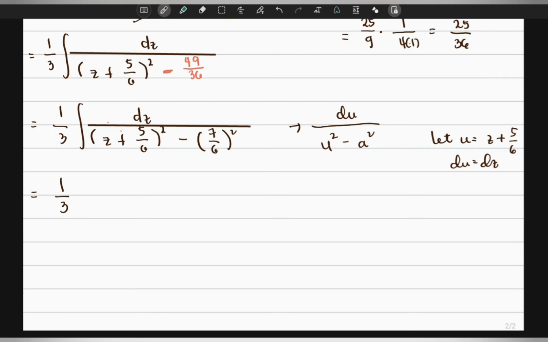Okay, we have here 1/3 times 1 over 2a. Ito yung a. This one, 2a. So, times ln of the absolute value of z plus 5 over 6 minus 7 over 6. So, u minus a. Tapos, all over z plus 5 over 6 plus 7 over 6.